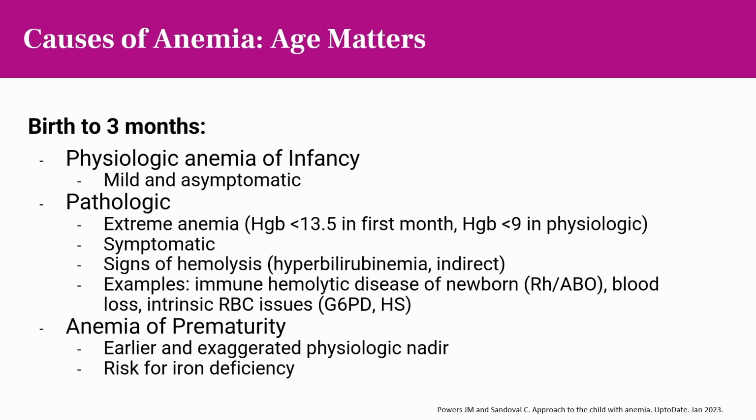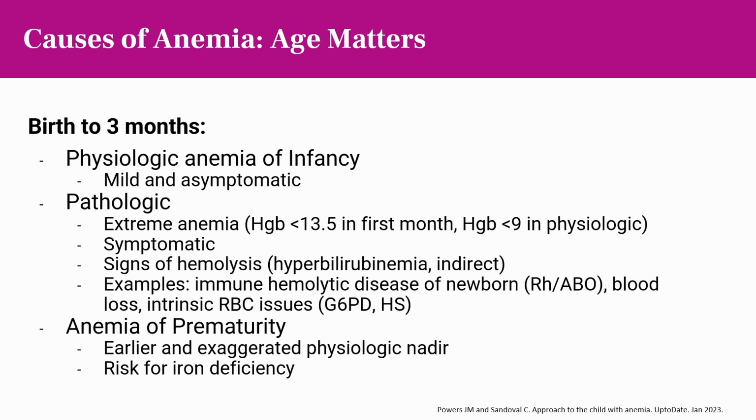Examples of some pathologic anemias in this age group include immune hemolytic disease of the newborn, acute blood loss, for example from a subgaleal hematoma, or some inherited red blood cell disorders that we see, including membranopathies like hereditary spherocytosis, or enzymopathies like G6PD deficiency.